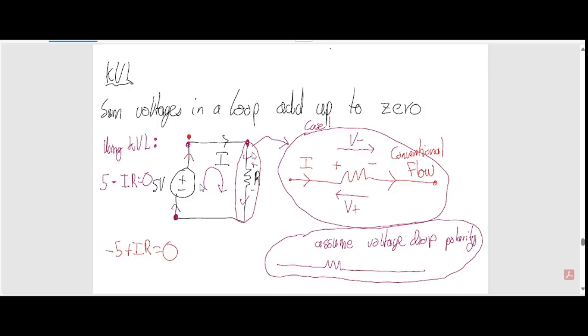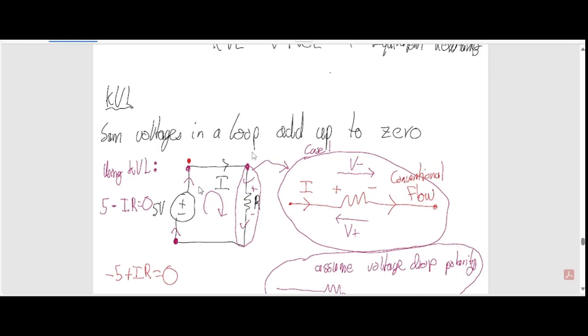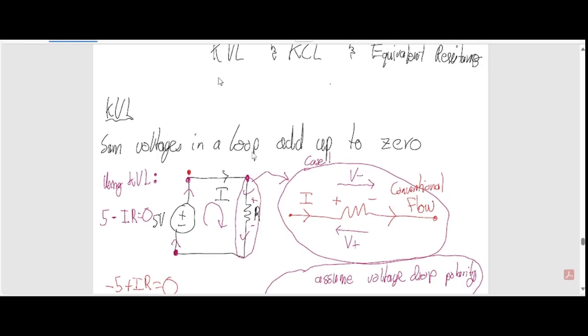Basically, all KVL is, the first thing you do is you look for the polarities across the components, because the polarities will tell you the voltage drop.